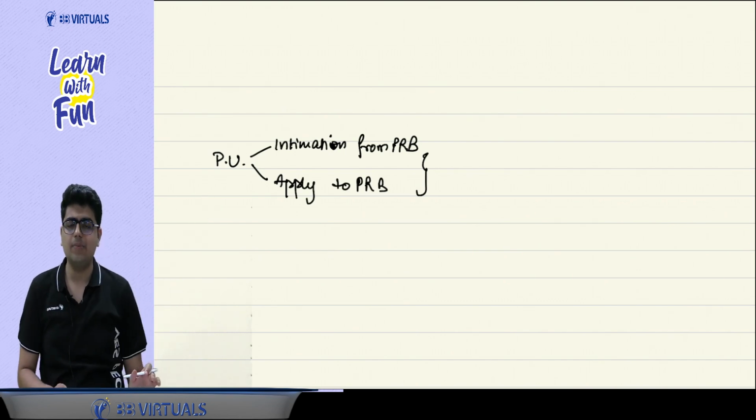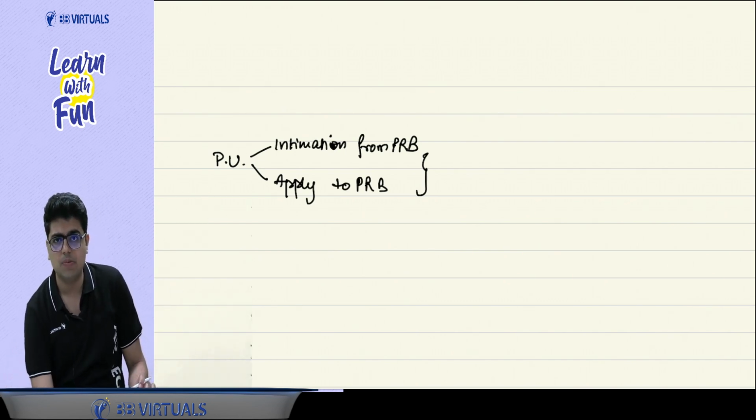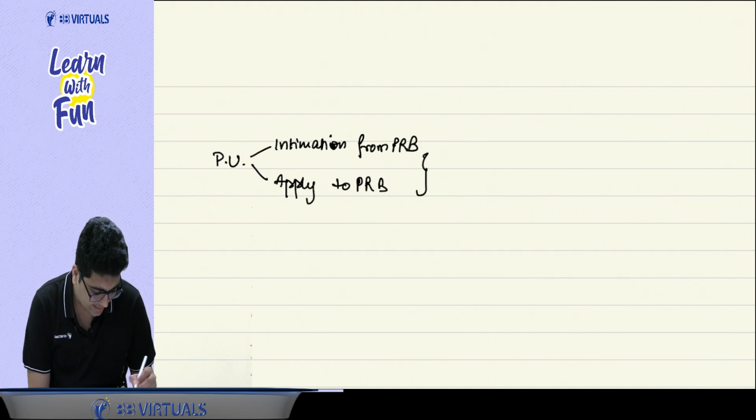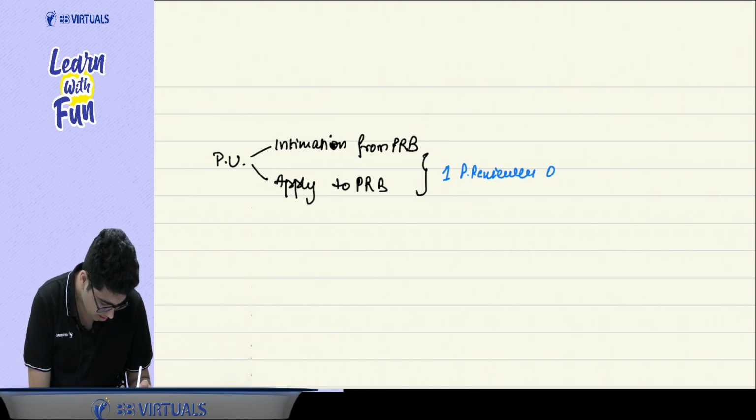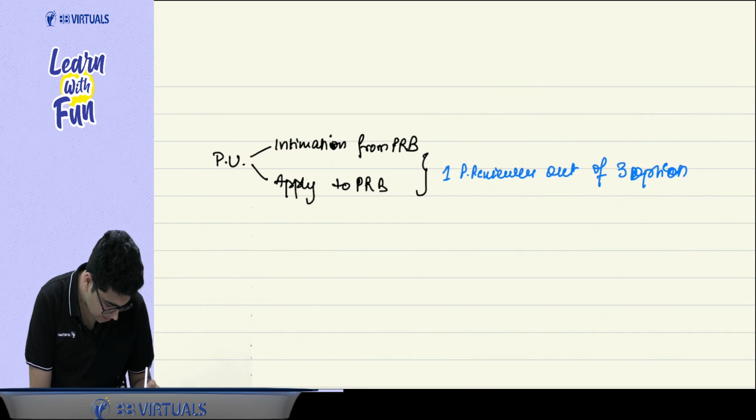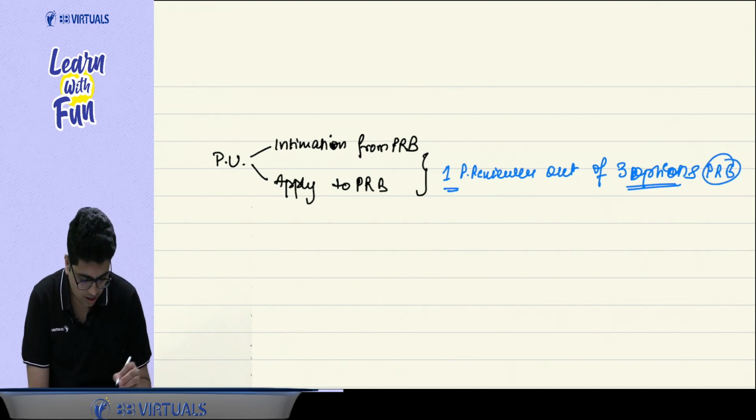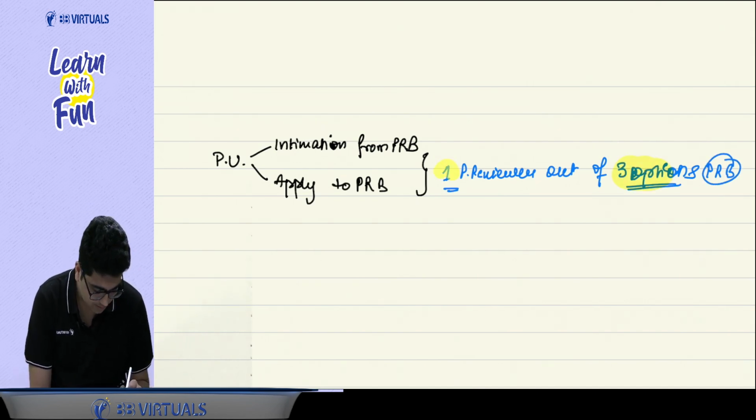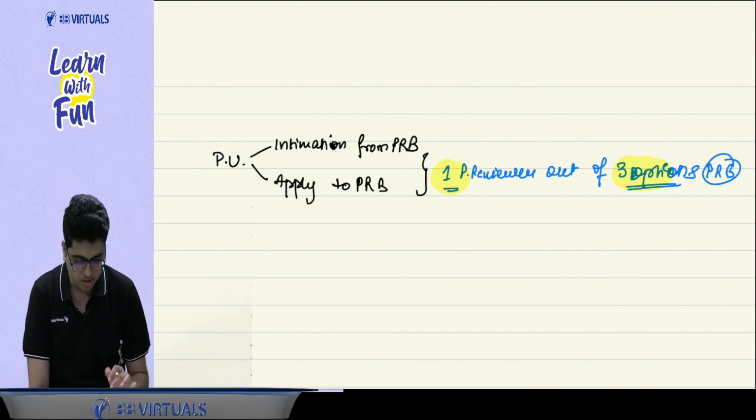Once it gets an intimation from the peer review board or it applies to the peer review board, it has to select one peer reviewer out of the three options which are provided to it by the peer review board. So the peer review board will provide it with three options. Out of those three options, it has to select one peer reviewer.